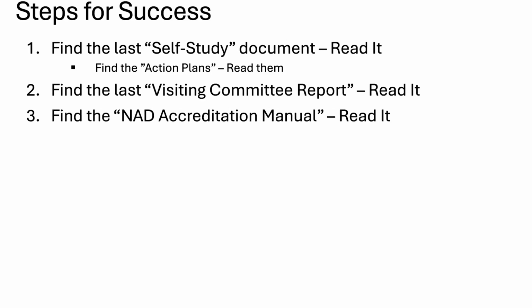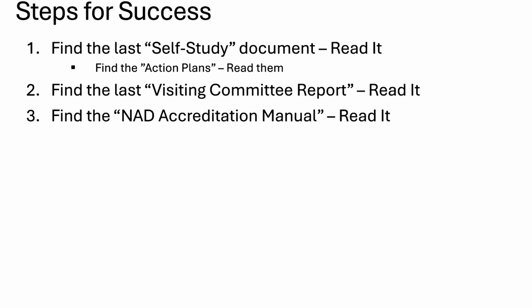This one here is the document that, when I was a new principal, I wish I would have read the moment I sat down to start preparing for accreditation. The NAD has produced a very good accreditation manual. The original one was about 120 pages.